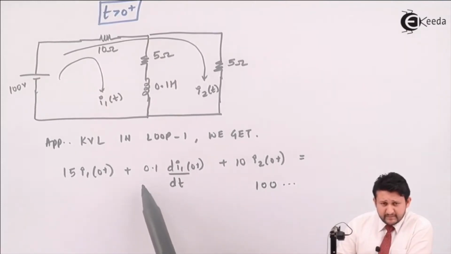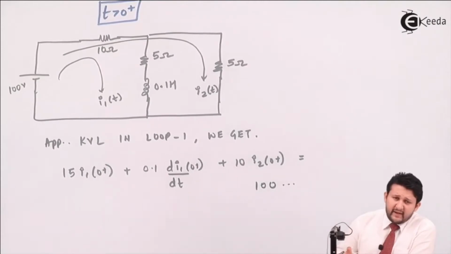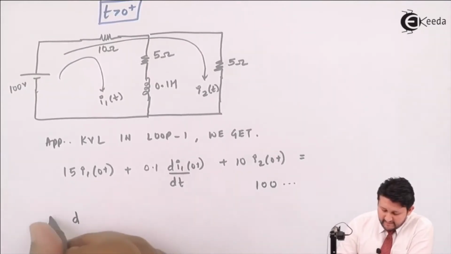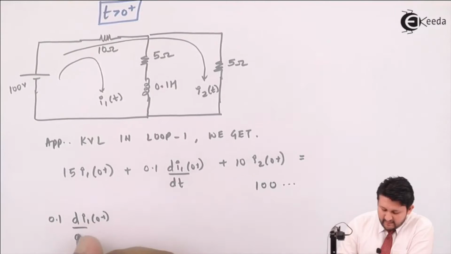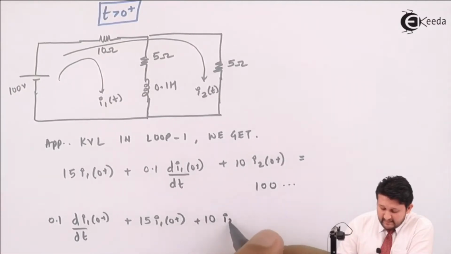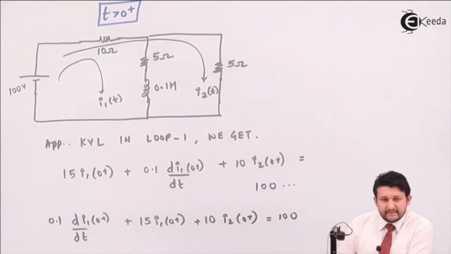That means initially I will get I1 of t, and with the help of that I can get I2 of t. So if you rearrange it properly, you will get 0.1 di1 by dt plus 15 I1 of 0 plus plus 10 I2 of 0 plus equal to 100.